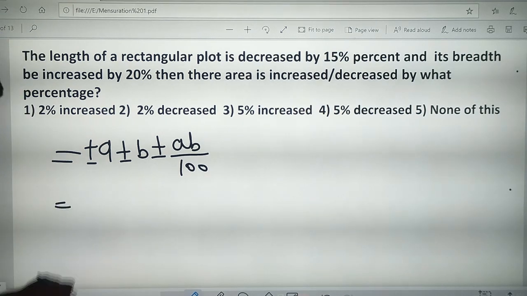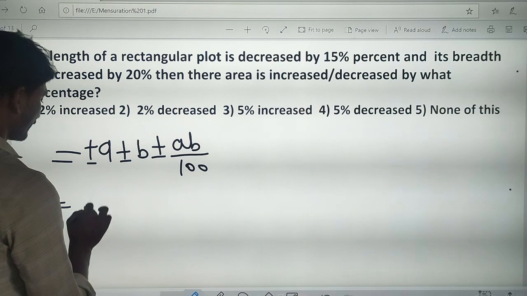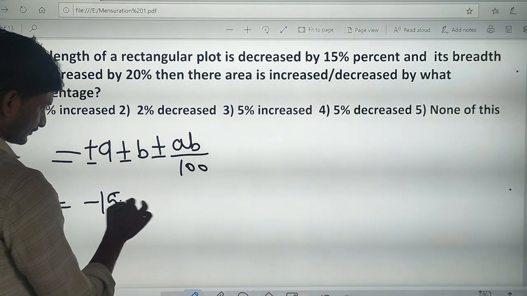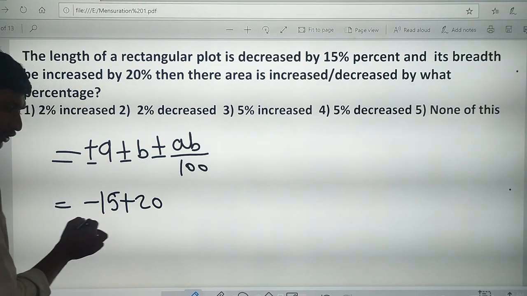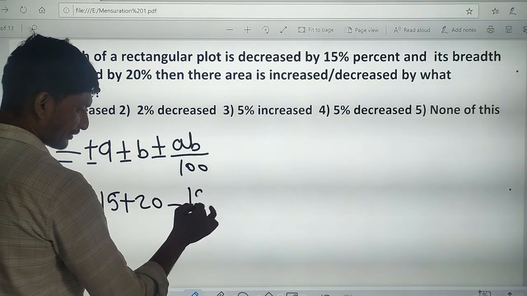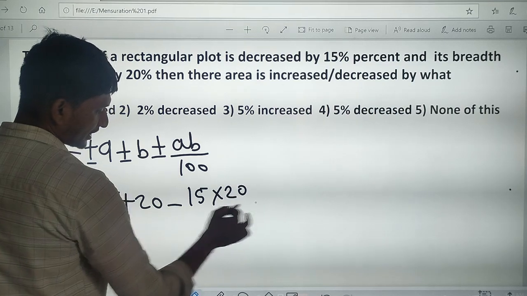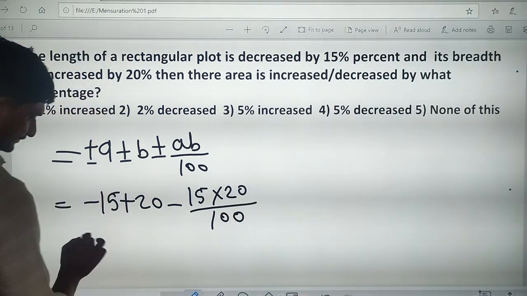Then your A is minus 15 and B is plus 20. Then the multiplication of these two is minus 15 into 20 divided by 100%.